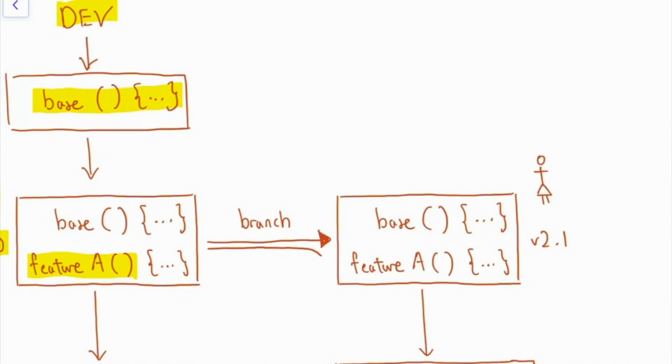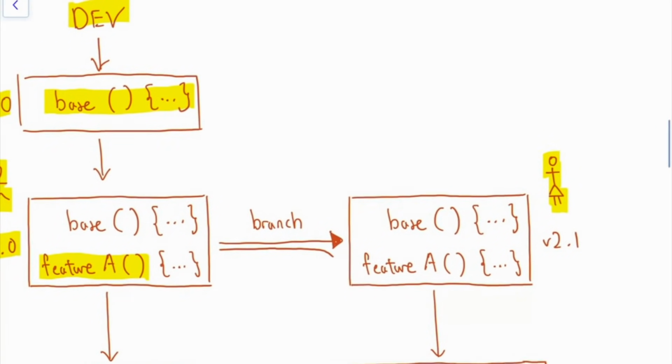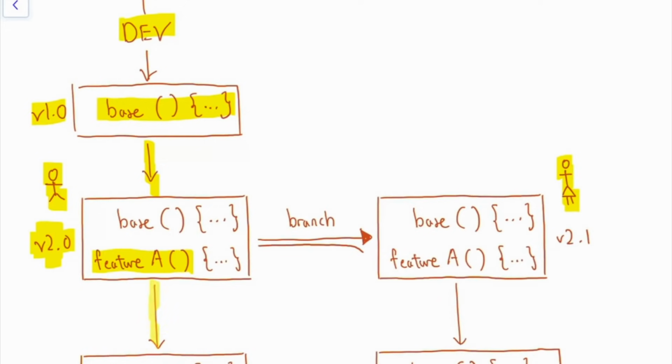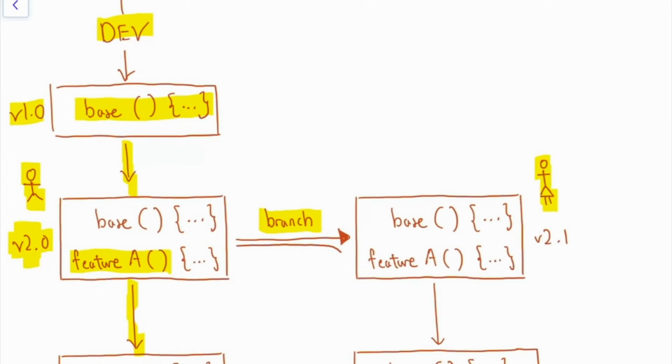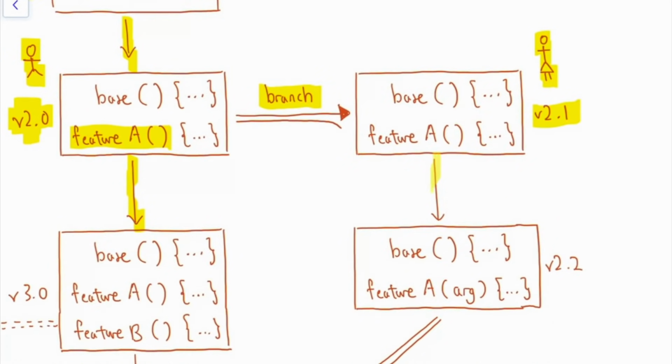Whereas your teammate over here is responsible for investigating better ways of implementing the features. So at this point in time at version 2, you would split, which means that you, of course, working on the main development branch, would keep going, whereas she will need to branch off into a variant in which she develops her own variant of feature A. So she'll branch off and call her branch 2.1, and then she will go on to work on her stuff.